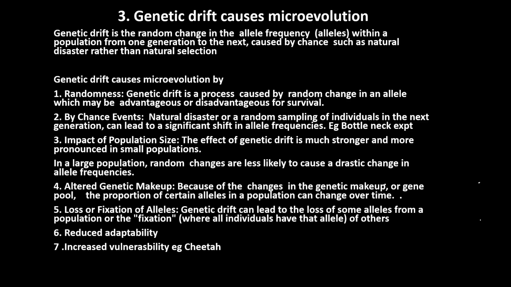Besides this, genetic drift also alters genetic makeup, and at the same time it fixes some alleles and loses some alleles, and it also reduces adaptability to the environment but increases vulnerability.